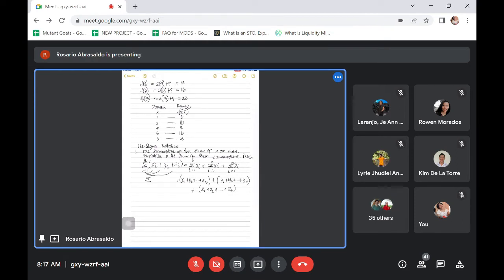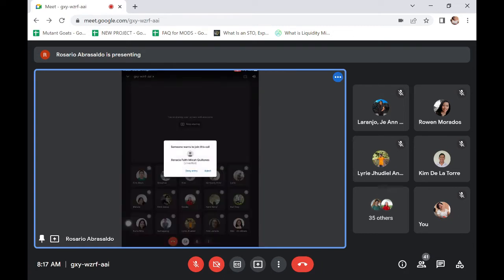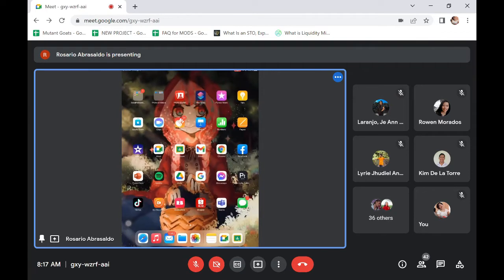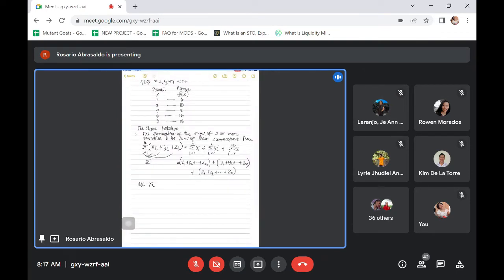So an example for this: given the values of the following variables, x sub 1 is 2, x sub 2 is 4, y sub 1 is 3, and y sub 2 is negative 1.